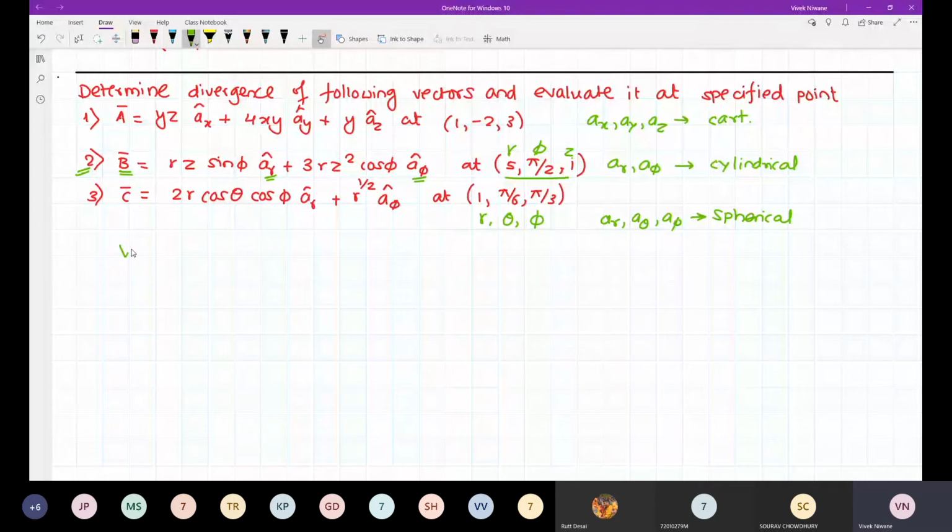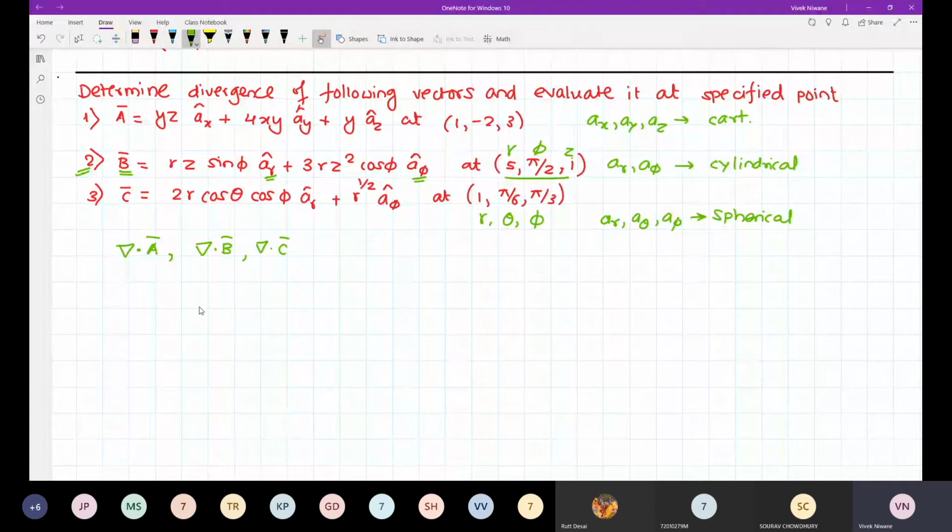And your task is to find del dot a bar, then del dot b bar, and del dot c bar. You have to find these values. Okay, so for that purpose we will require a few of the formulae, which you wrote perhaps 3-4 lectures before.